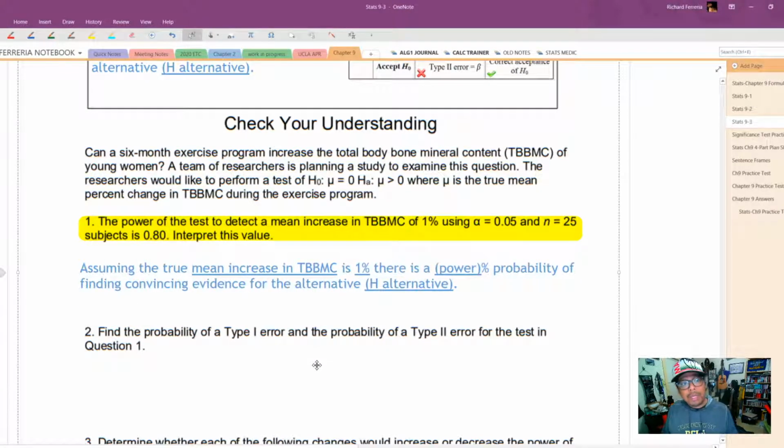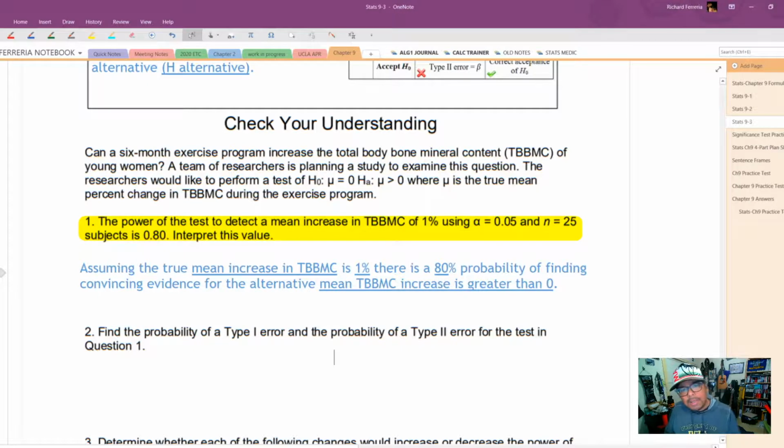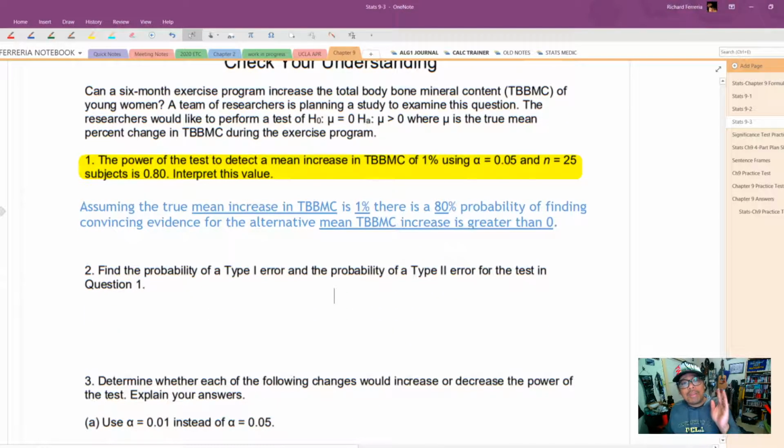Assuming the true mean increase in TBBMC is 1%, then there is, what was my power? 0.8, so 80%. 80% probability of finding convincing evidence for the alternative, the mean TBBMC increase is greater than 0. Okay, so it's a probability of making the correct decision if the true mean TBBMC is 1%.